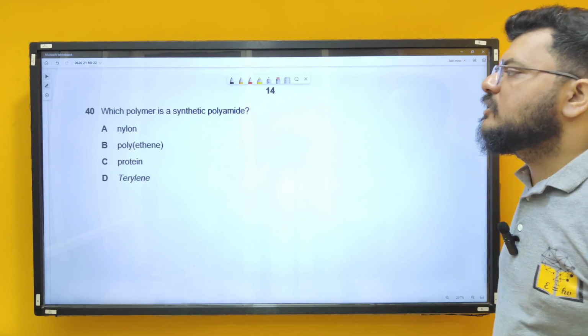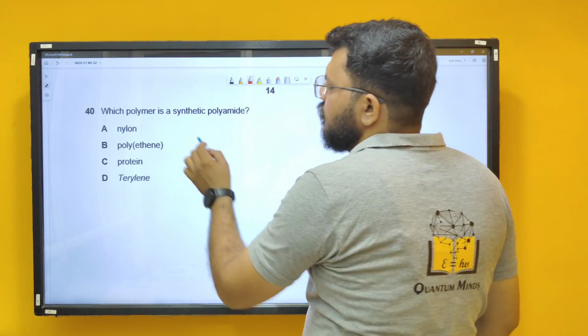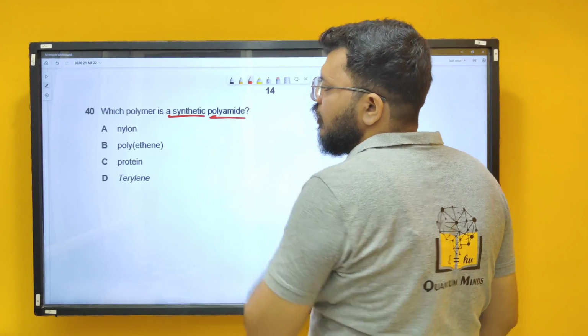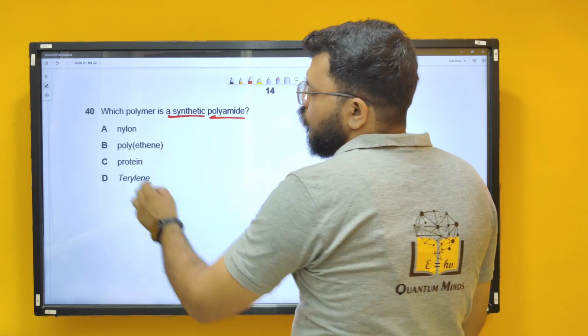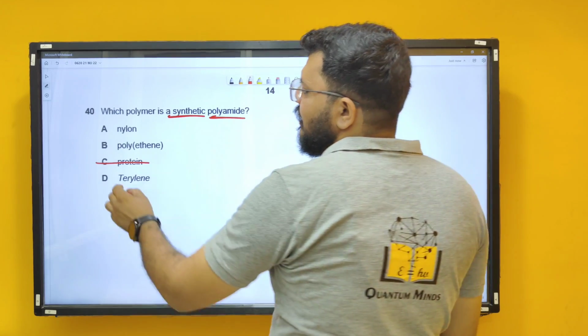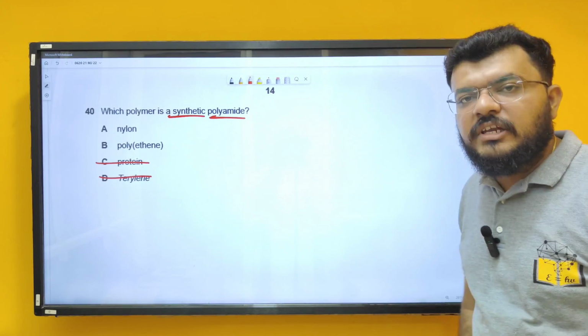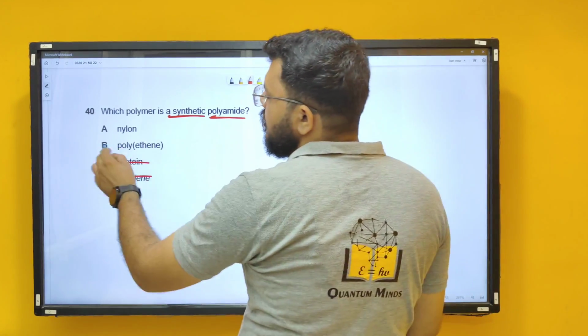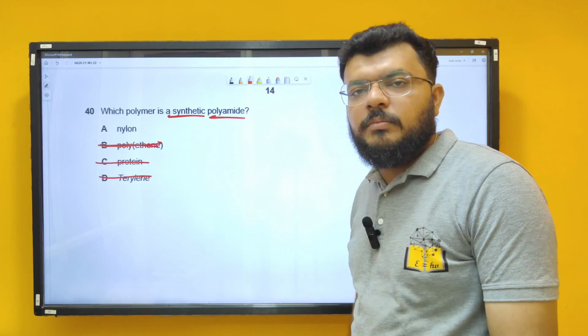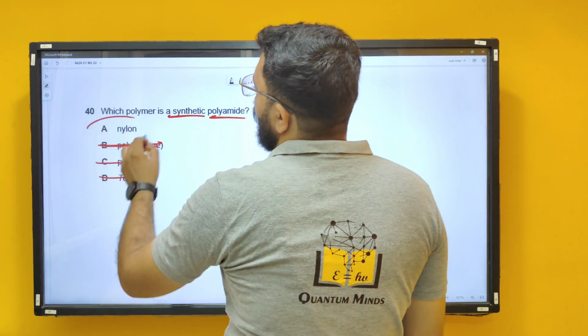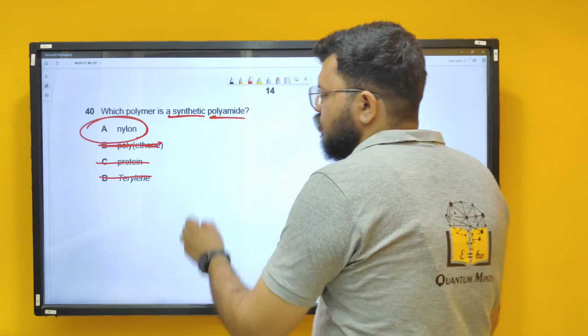Which polymer is a synthetic polyamide? Synthetic and polyamide. So protein is not synthetic and terylene is a polyester. Polyethylene is not a polyamide and therefore only nylon is your option.